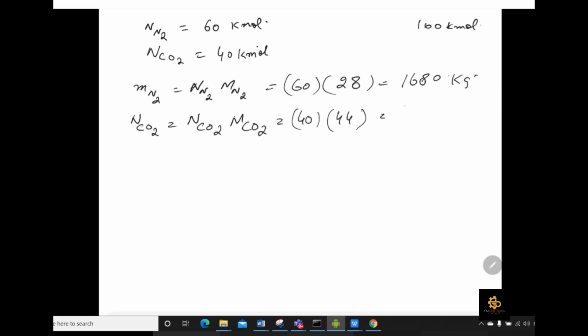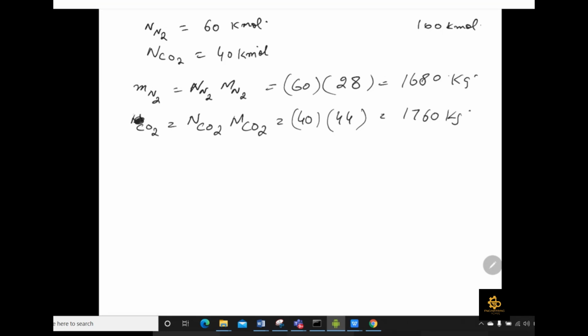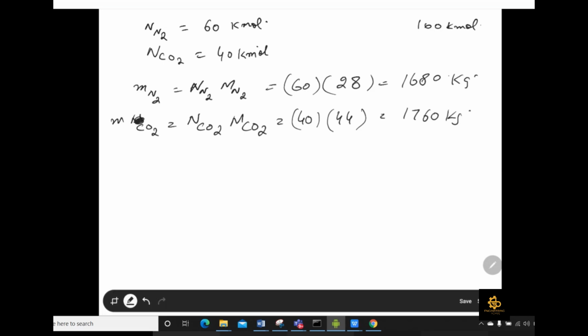If you multiply these two terms, you will get 1760 kg, which is the mass of CO2.